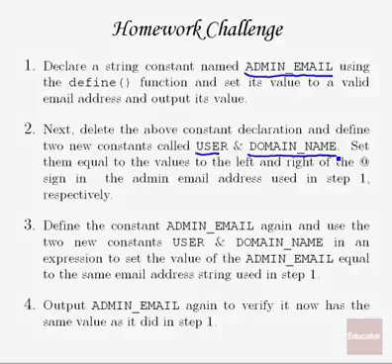Then I'm going to have you redefine the admin email constant, using the user and domain name constants we just created together to create the same admin email address that was created in step 1. That again gives you practice with expressions. In this case, the expression is a concatenation operation when setting the value of a constant. You should be able to output the admin email in this updated script, and it should be the same value as in step 1.